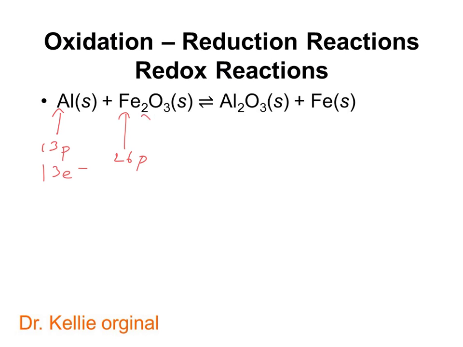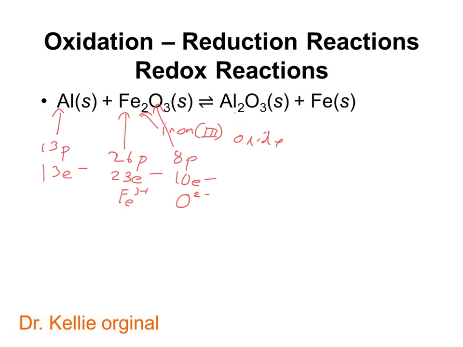But if we were to name this compound, we'd name it iron 3 oxide. So iron in this compound actually has a +3 charge. So if it has a +3 charge, that means it only has 23 electrons instead of the normal 26 of neutral iron. Then we have oxygen, and our oxygen's in an ionic compound, so that means it has 8 protons and 10 electrons. Because again, oxygen's in an ionic compound, so it has a -2 charge.